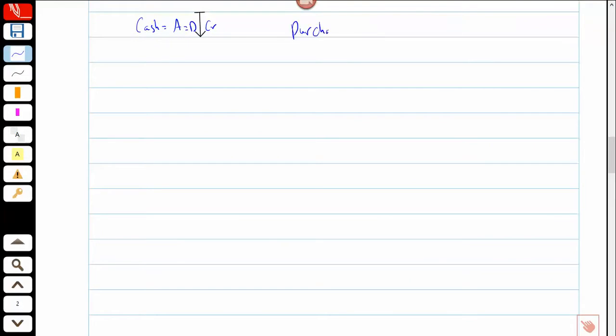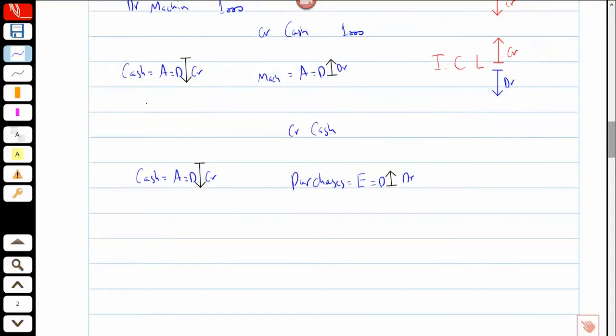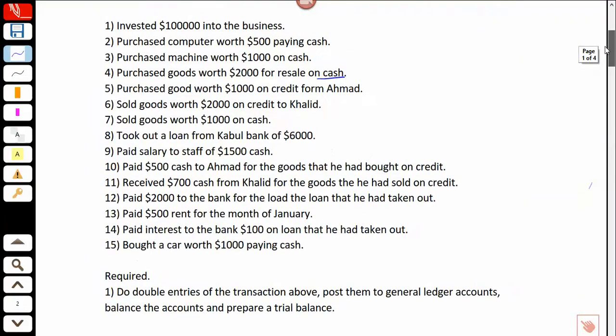I told you that when you buy goods, it is purchases, and purchases is an expense. An expense is debit by nature. In this case, it has increased. So, debit purchases, or merchandise as some call it, 2000.